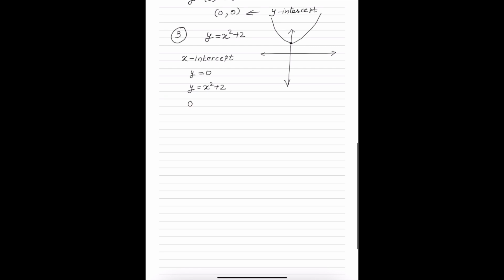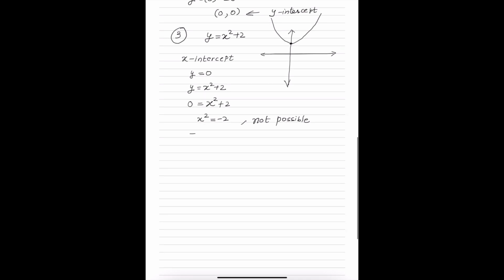When we put y equal to 0, here we get 0 equal to x square plus 2, which gives us x square equal to minus 2. This equation is not possible. Why? Because it is saying take some x, square it, and it should give you a negative answer, which is not possible because squaring any number will always give you a positive number.